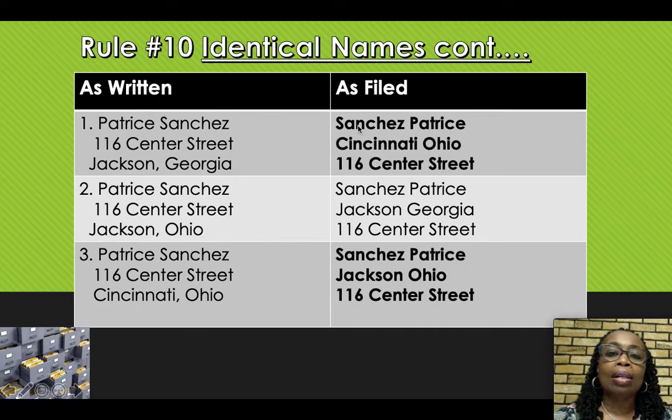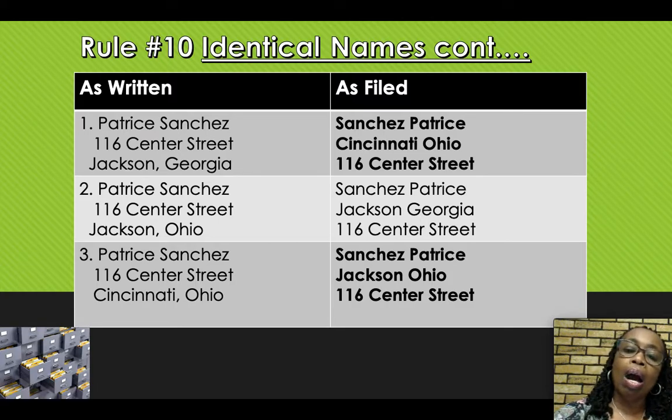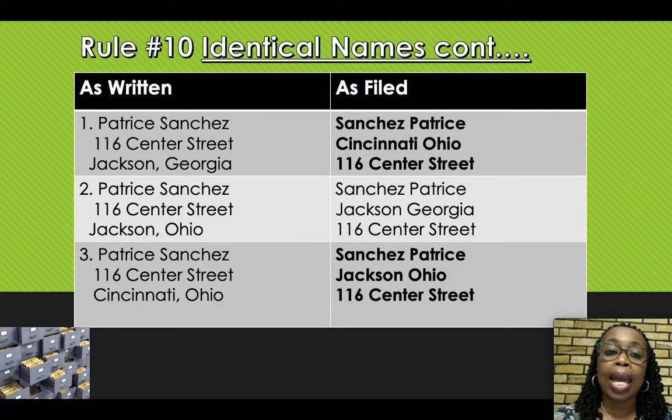So as filed, Sanchez Patrice, Cincinnati, Ohio, will come before Sanchez Patrice, Jackson, Georgia. Then Sanchez Patrice, Jackson, Ohio will come last because when we compare the state, which is the second filing order that we consider, G in Georgia comes before O in Ohio. So this is the rule for filing identical names.